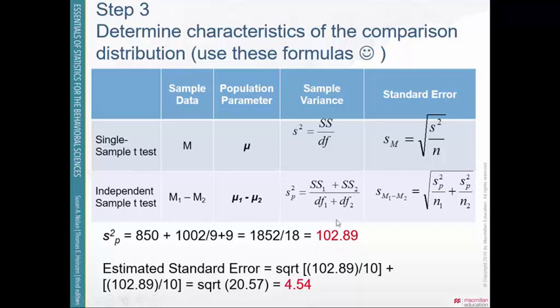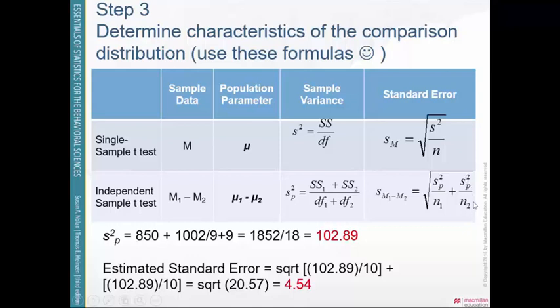Once you do that, you now take this pooled variance and plug it into this formula. Now this formula is a little bit different. We've got the square root of, this is 102.89, our pooled variance, over 10, which is how many people were in group 1. And then you do that division, plus, again, pooled variance, 102.89, divided by 10.